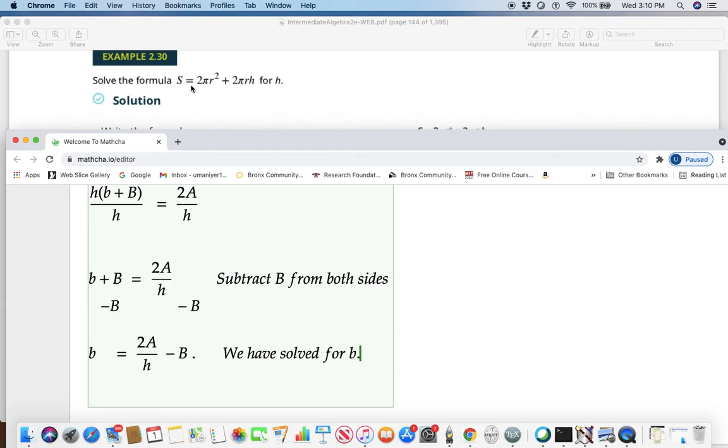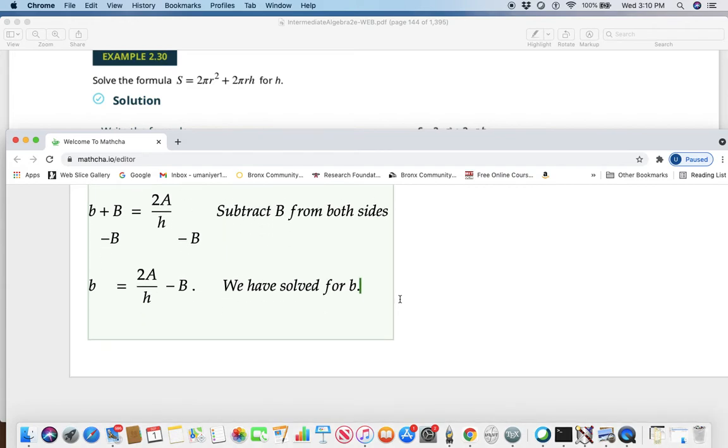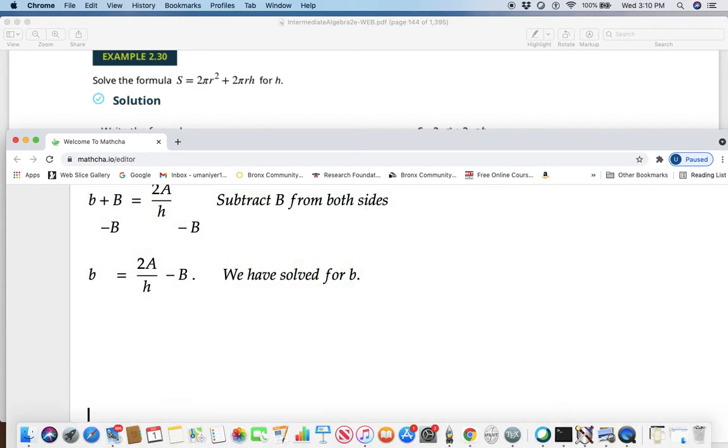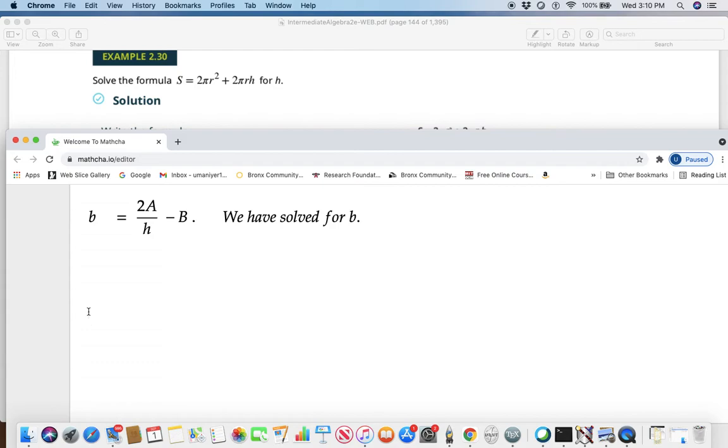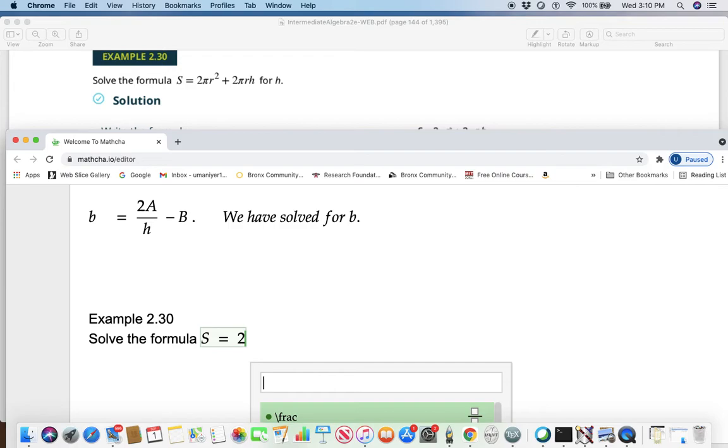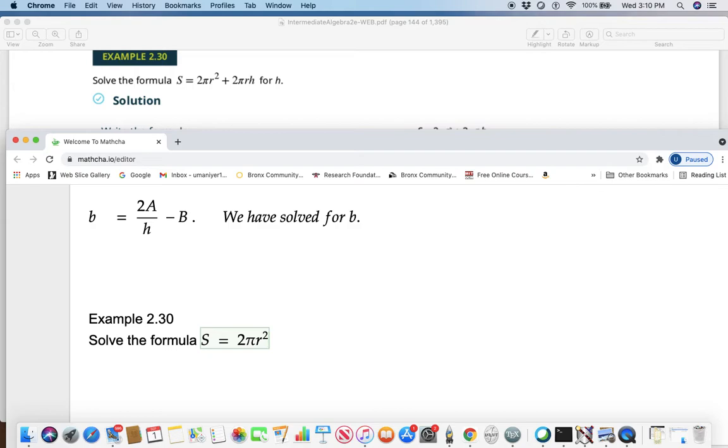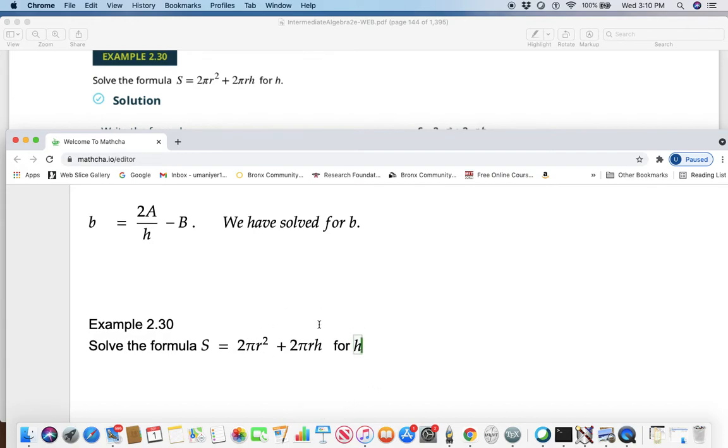Here is another example. Example 2.30. Solve for h. Let's try. Notice pi is a number.